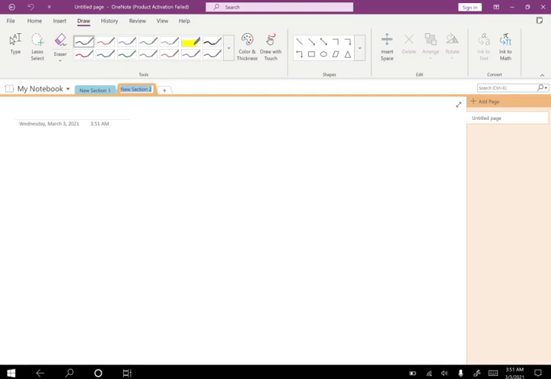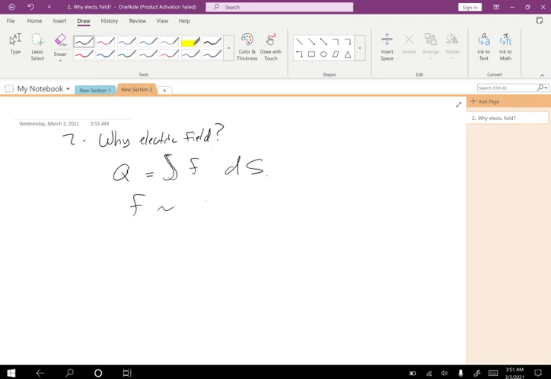So let me just talk about now why the electric field shows up, and I'm going to do this on dimension grounds. So remember Q, we showed that it's equal to a surface integral of some integrand. So roughly speaking, on dimension grounds, F is Q divided by S. So it's charge divided by length squared.